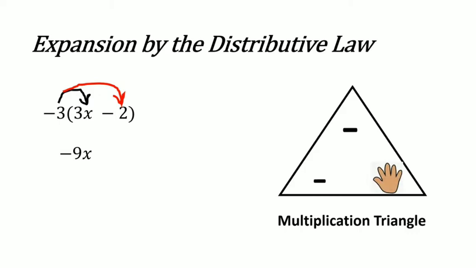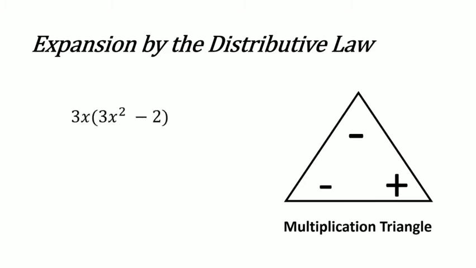The product of a minus times a minus would be hidden below our hand, which happens to be positive. So now we multiply 3 times 2, which is 6. So the product of negative 3 into (3x minus 2) would be equal to negative 9x plus 6. This is your answer.